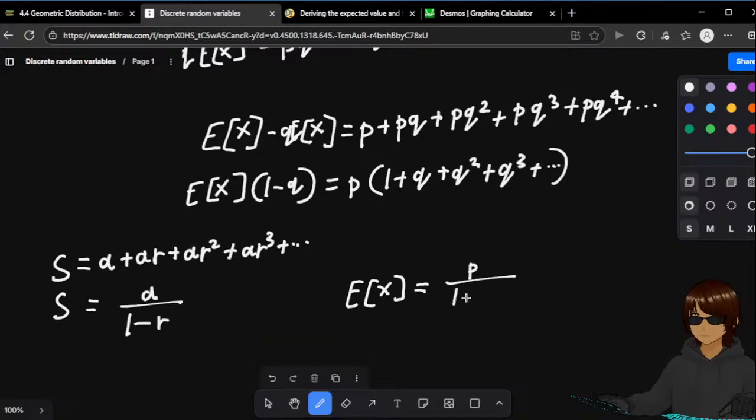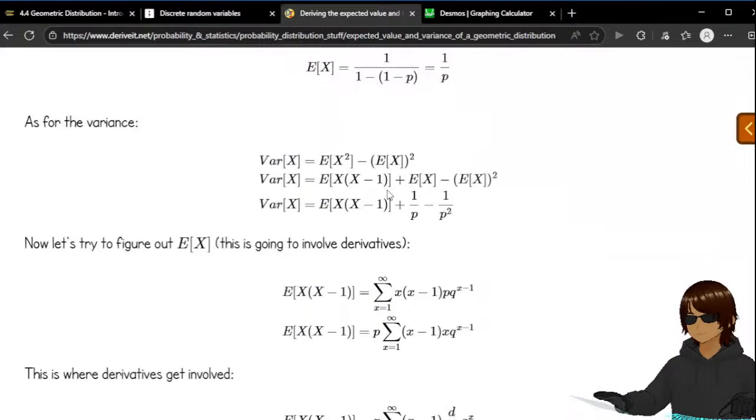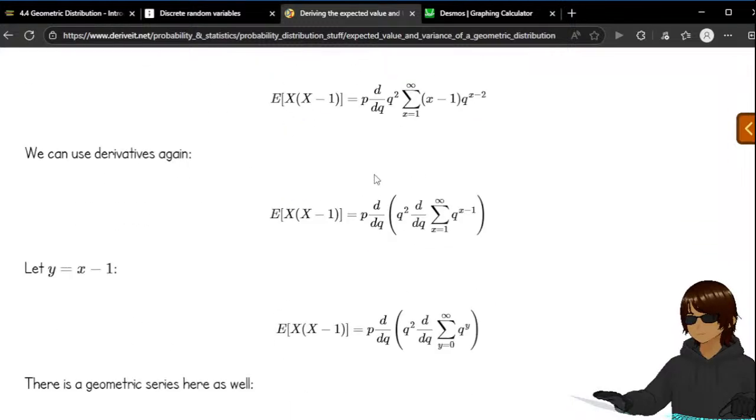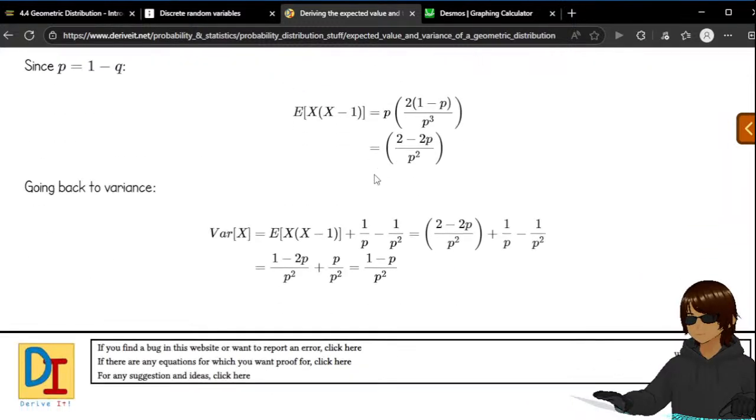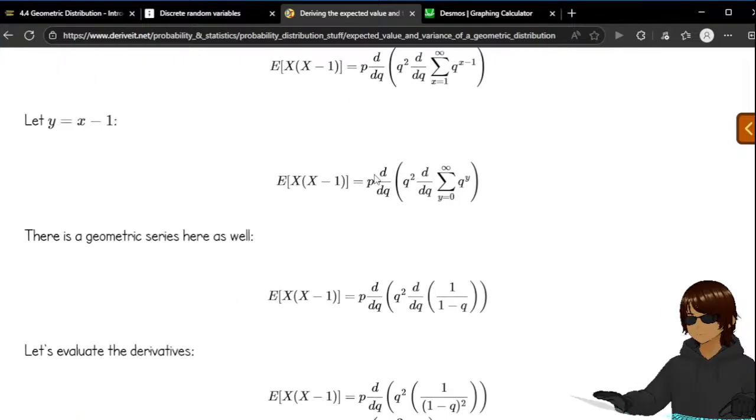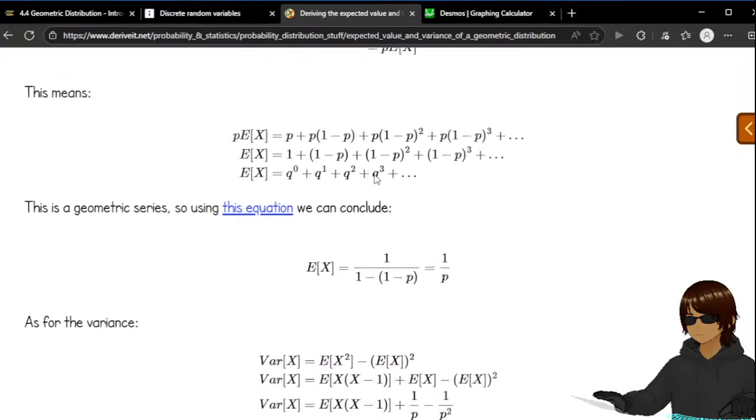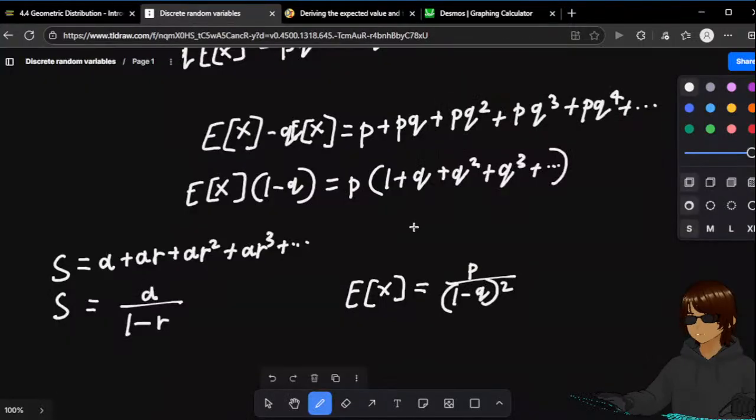1 minus Q. Because there's 1 minus Q over here, we have the square. Is that correct? No, that is not.